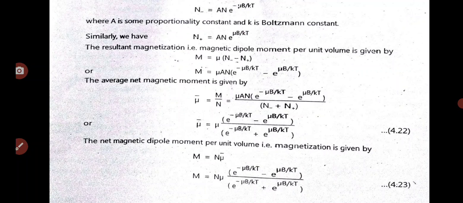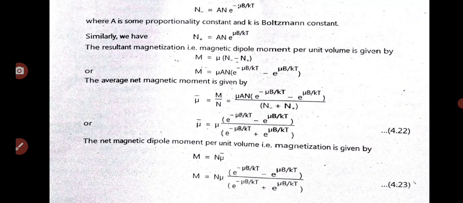Here A is considered as the Boltzmann constant value, and N plus is given as A into N into e to the power mu B by kT. The resultant magnetization, that is the magnetic dipole moment per unit volume, is given by M equal to mu into N minus minus N plus, and we have already calculated this value according to the Boltzmann constant, for the parallel and anti-parallel alignment of the spin.